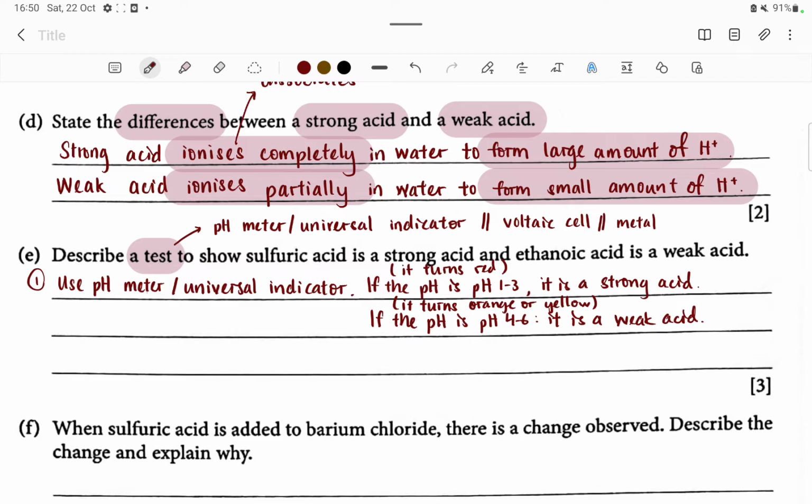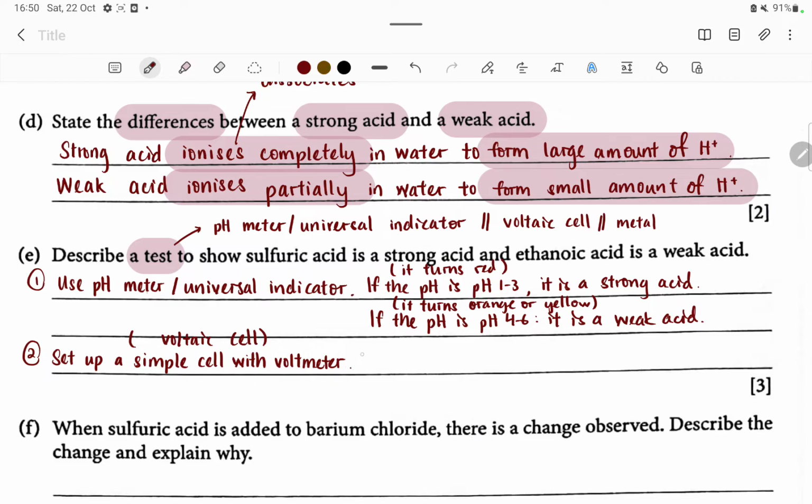Second way is to use the voltaic cell. So set up a simple cell with voltmeter, or you can straight away say set up a voltaic cell.